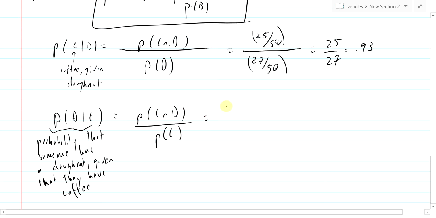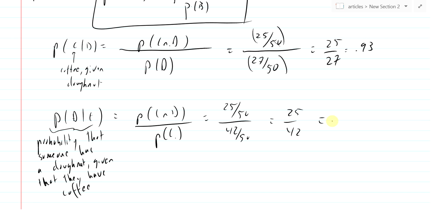And so, again, this is 25 out of 50, and now coffee drinkers was, where's my paper with the coffee drinkers on it? 42 out of 50. So it becomes 25 out of 42. Oh, fudge.